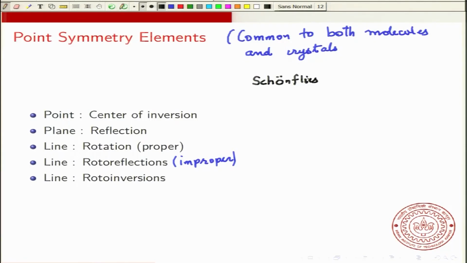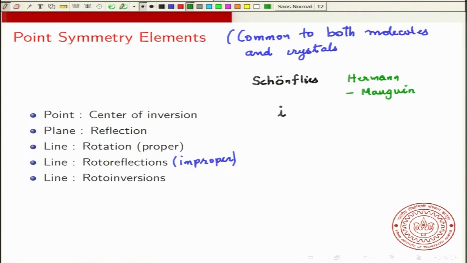In the Schonflies notation, the center of inversion is denoted by the letter I. So, if a molecule has an inversion symmetry, you refer to this operation of inversion about the center by I. The other notation, which is more commonly used in crystallography, is the Hermann Mauguin notation.